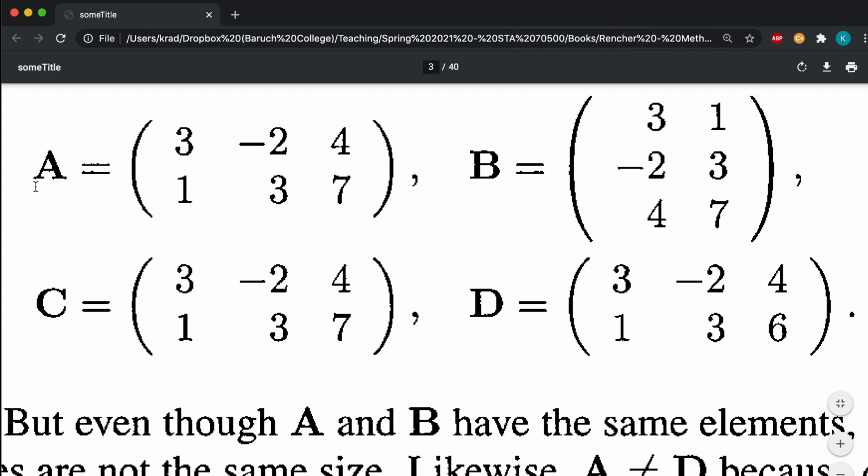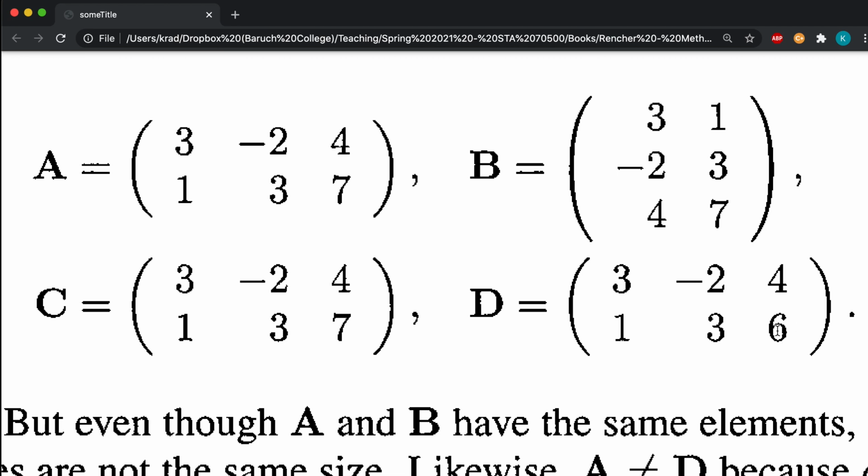For example, A cannot be equal to B because A is a 2 by 3 matrix, but B is a 3 by 2 matrix. But C and D are equal because they have the same dimension and the corresponding elements are, well, actually they are not equal because they have the same dimension, but the corresponding elements are not equal.